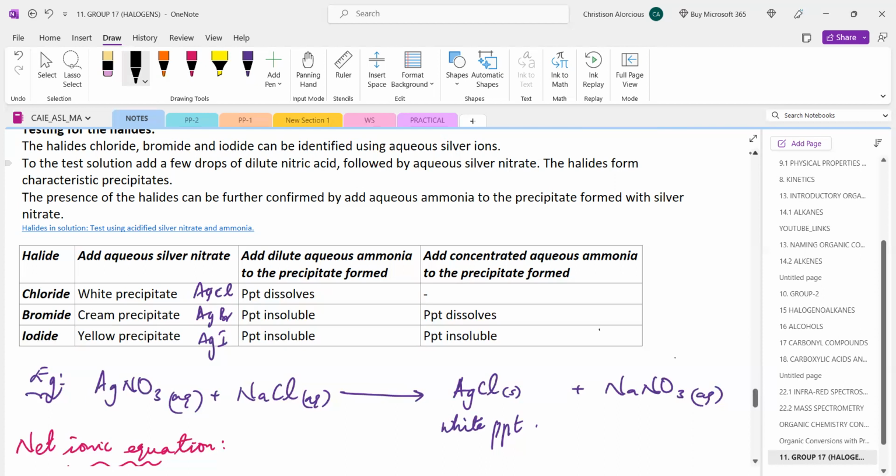So you use your standard 1 mole per decimeter cube one, and you play around with your understanding of the theory. So it dissolves for chloride, partially dissolves for bromide, and is insoluble for iodide. All right.